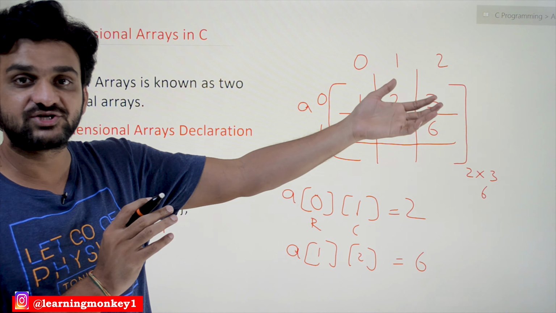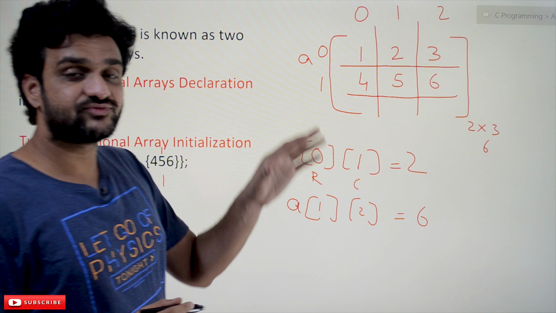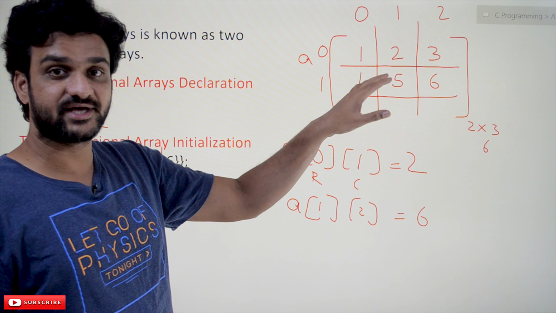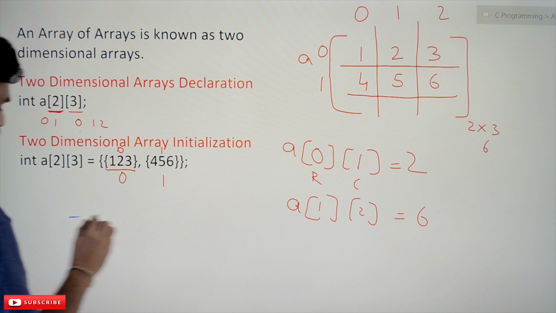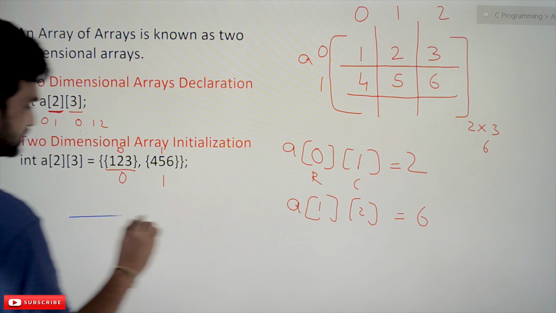As we have said, how will the values get stored? How many values are there? The number of values that we have is 6 values. So the visualization of 1-dimensional, 2-dimensional, 3-dimensional or n-dimensional is always going to be in this way. The memory will always be linear. So 6 elements are there.